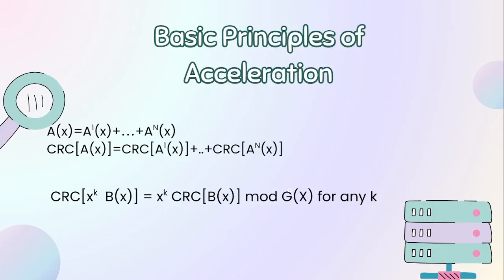Now, the principles of acceleration, and I've shown this in multiple of my videos. There are two main principles of doing the CRC fast. I'm going to follow this mostly from a table perspective.